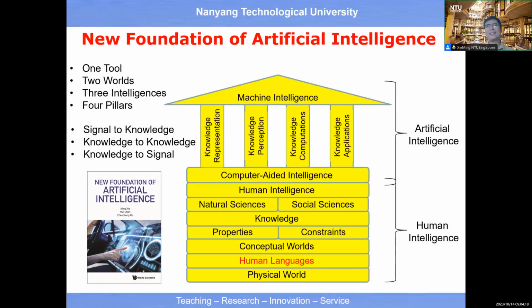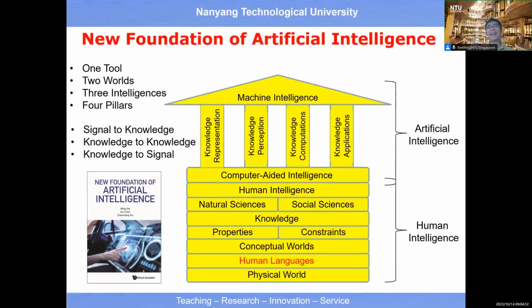Now you understand the importance of human language, because with the use of human language, any human being is able to learn any new knowledge, right? So for machines, they must also leverage the use of language in order to learn something new, right? So one means one tool. This tool is language.